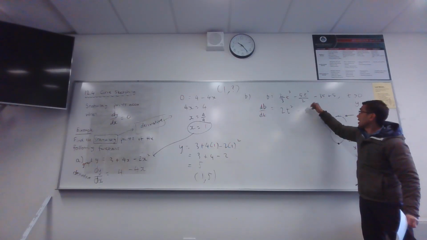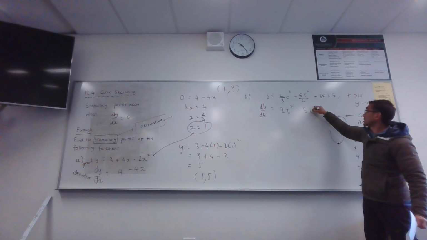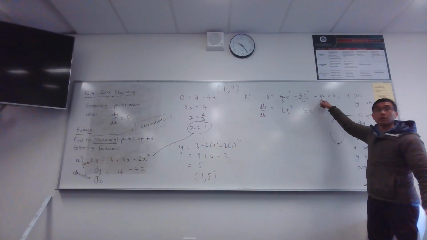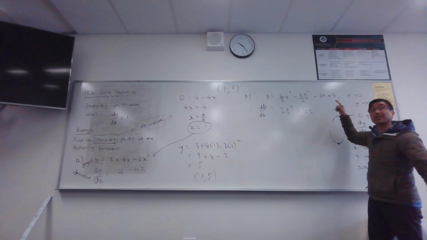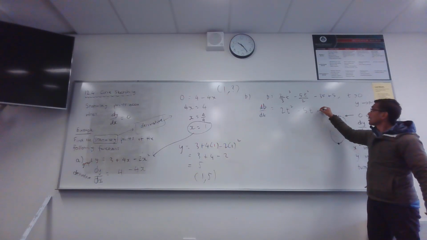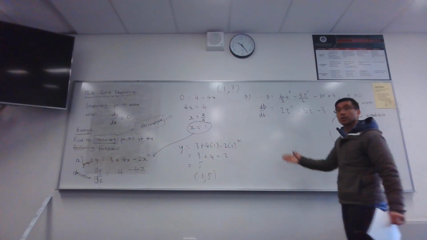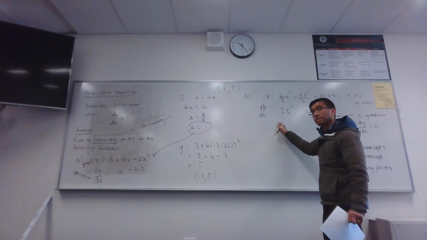You can see that the 2s cancel out. We get a 5t to the 1, or t. Zach, minus 3t plus 5 becomes? Minus 3. And that's it.